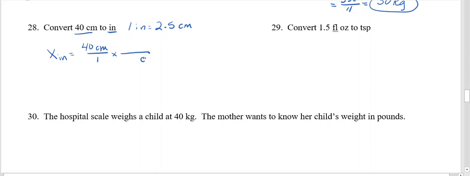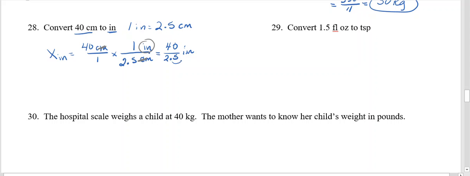Centimeters is on top, so centimeters goes to the bottom. Inches go to the top. So 1 inch, 2.5 centimeters. Cancel my units of measure. That leaves me in inches. So I'm going to have 40 divided by 2.5, and that's going to be in inches.